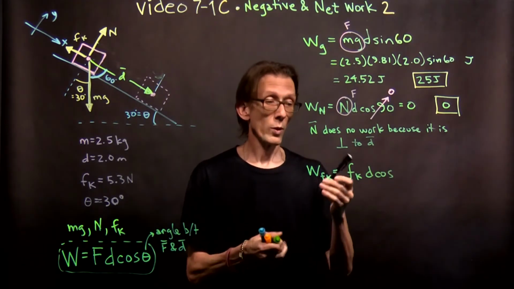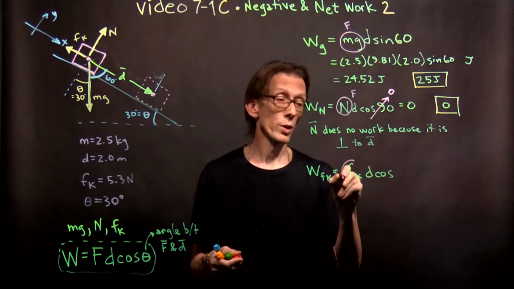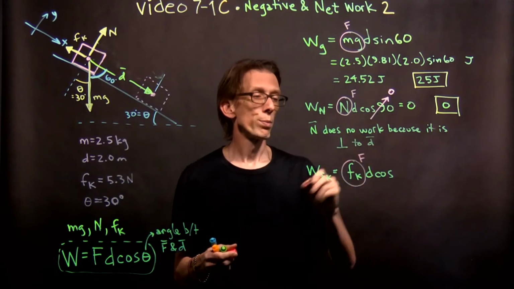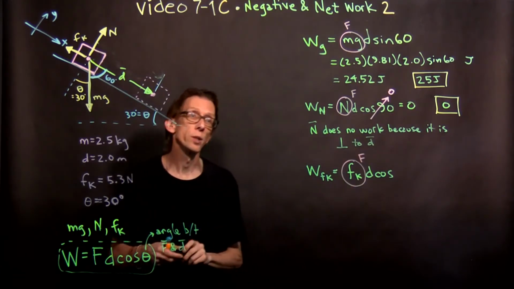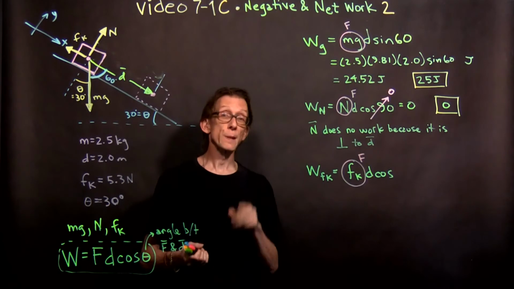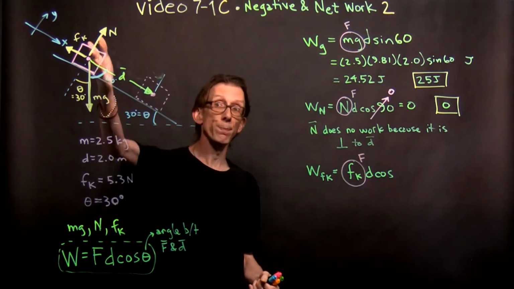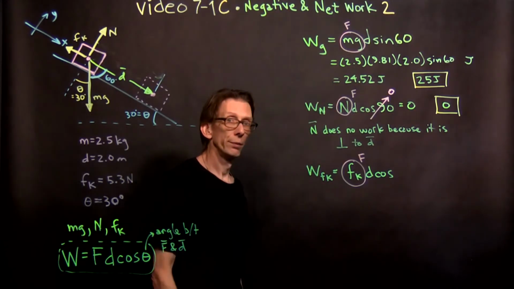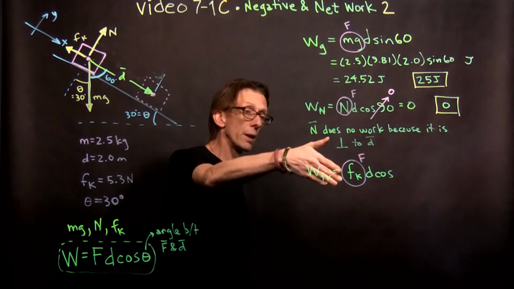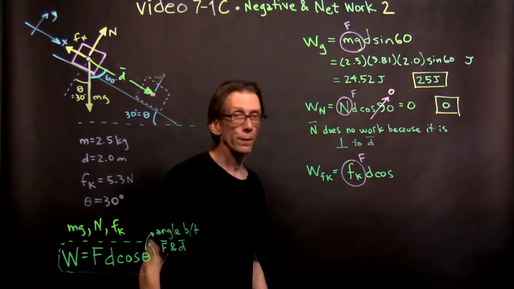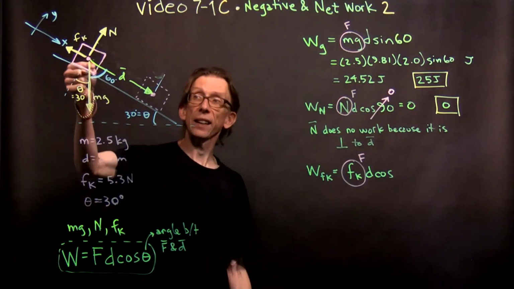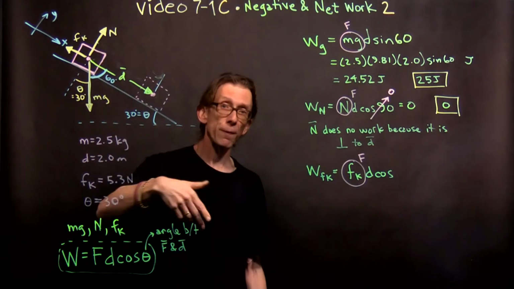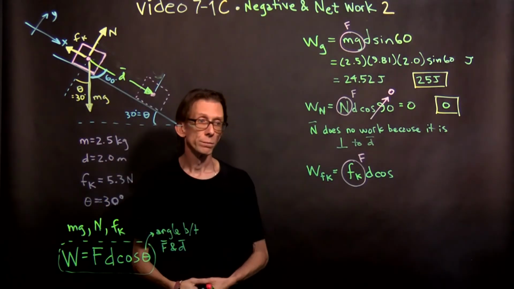But again, we have plugged in for the force here because we're talking about the work done by the kinetic frictional force. So the force is different every time. The displacement's the same. There's only one displacement. But the forces are each different. Mg, N, F sub k. And the angles are all different because these forces act at different angles. So the angle between these forces and the displacement vector is going to be different every time.